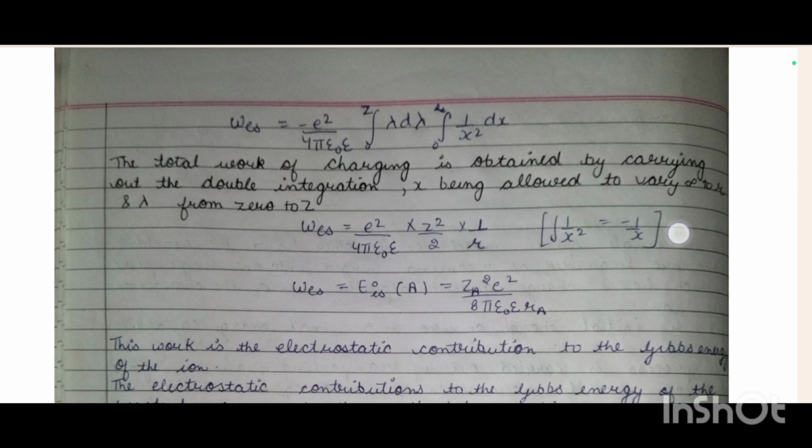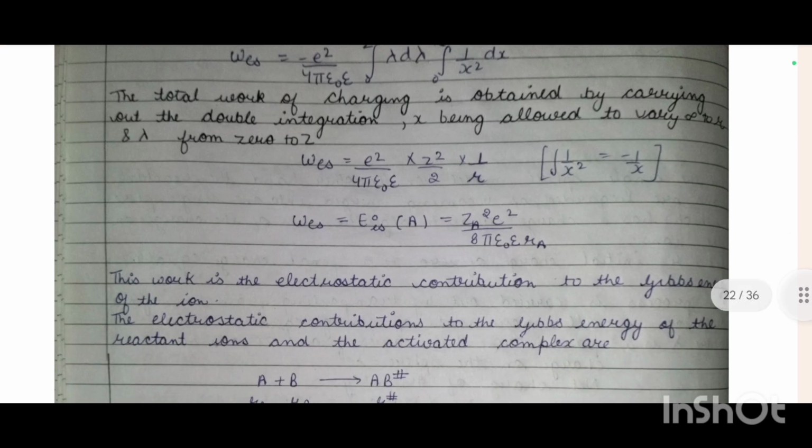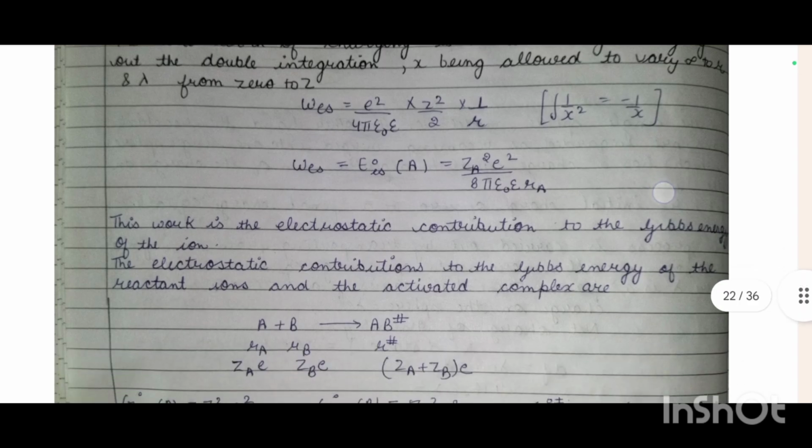Work done is equal to e²/(4πε₀ε) multiplied by z²/2 and multiplied by 1/r, so work done is equal to z²e²/(8πε₀ε r).